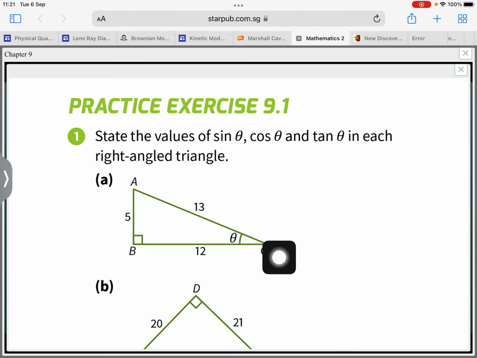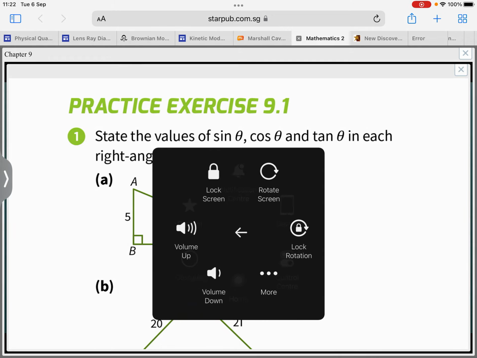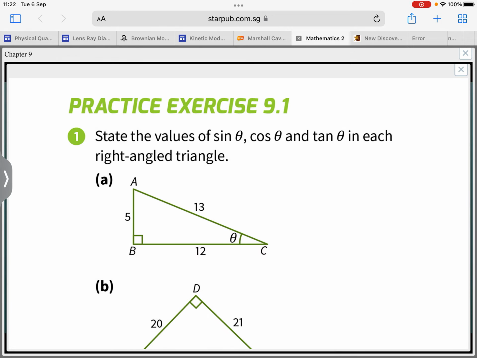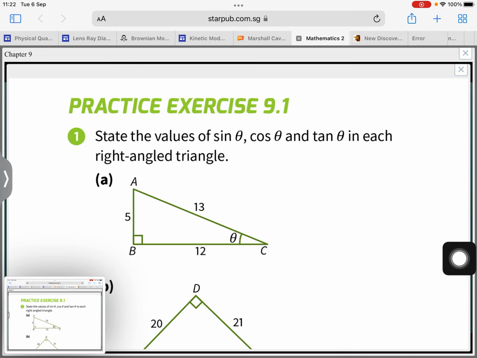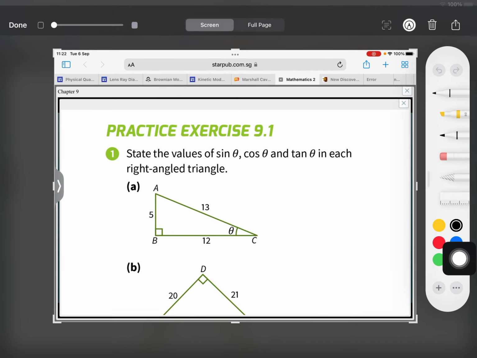Knowing that, we also need to bring out our concepts of sine, cosine, tangent, with the very common phrase, we call it TOA CAH SOH. Let me do some writing.